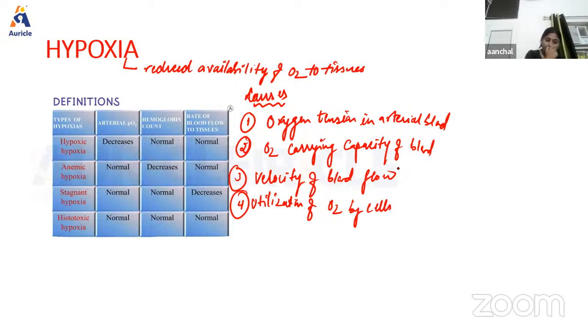Okay, and why does this hypoxia occur, and what are the effects of hyperventilation?